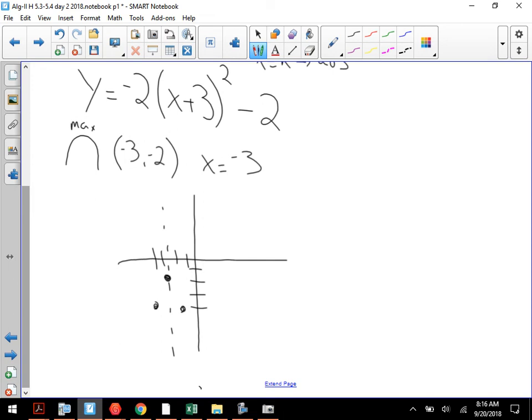So here-ish. Pick the next numbers to the right or to the left of your axis of symmetry. And that'll always get your symmetric twins. Always, always, always. Okay. Vertex form is awesome. It's quick, it's easier. It makes everything so much simpler in the long run.